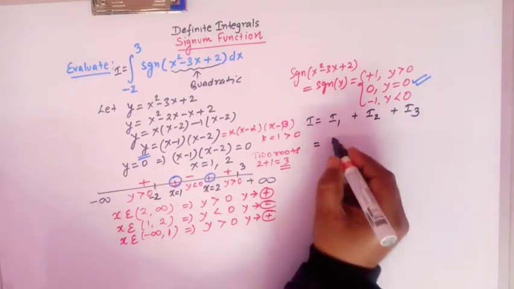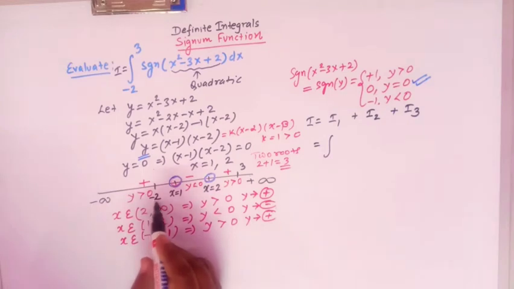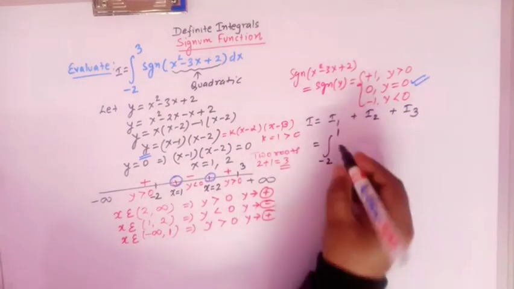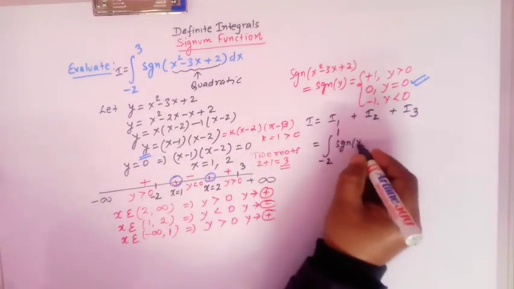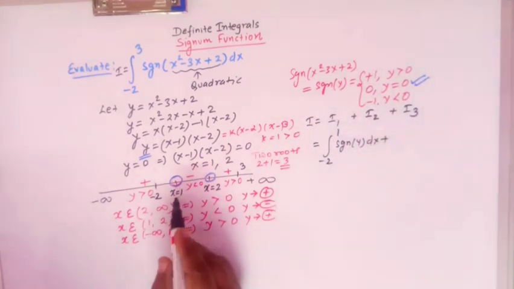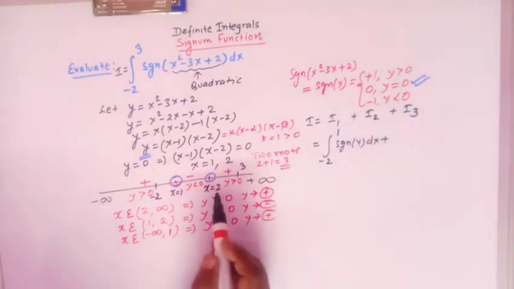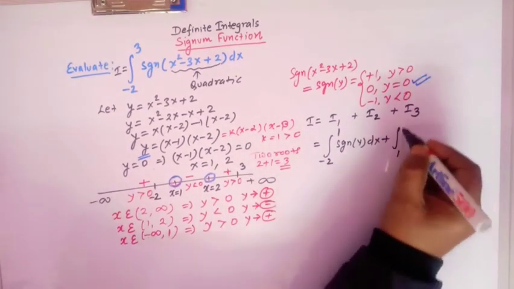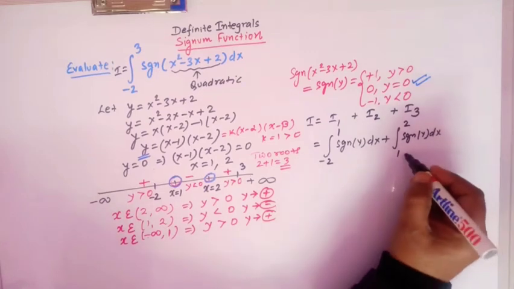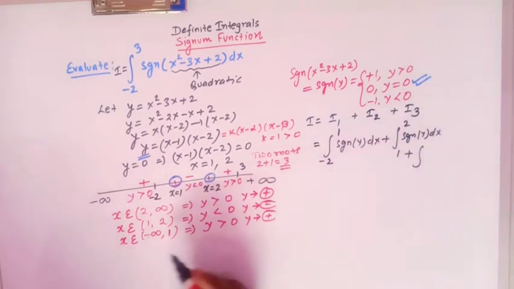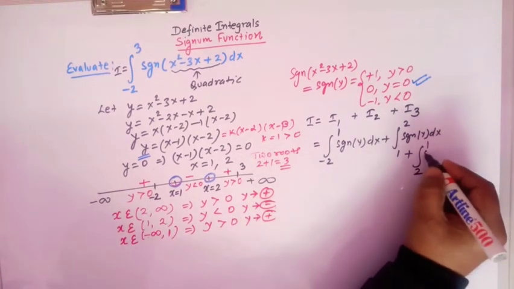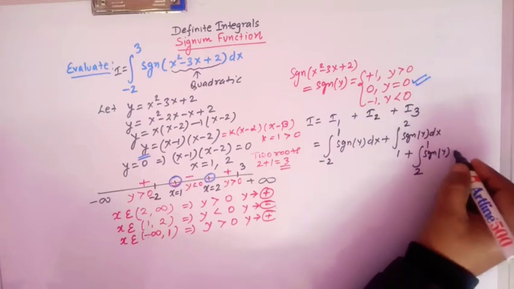So I1 is from minus 2 to 1 of signum of y, and I2 is from 1 to 2 of signum of y dx, and then we have the third integral from 2 to 3 of signum of y dx.